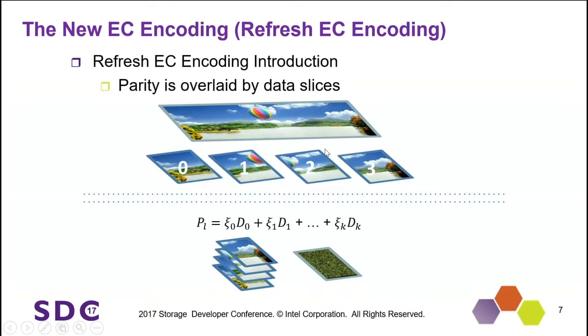From the parity generation formula, parity is obtained by cumulative overlay of the data slices. That is to say, in Erasure code, parity is cumulatively overlaid by data slices.